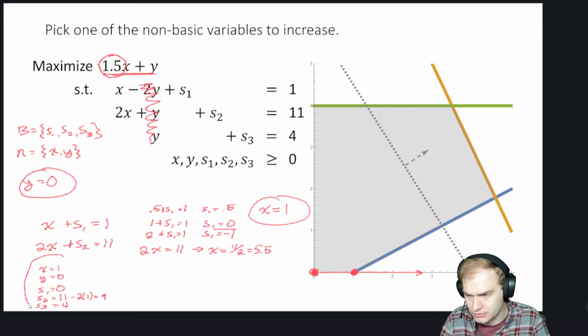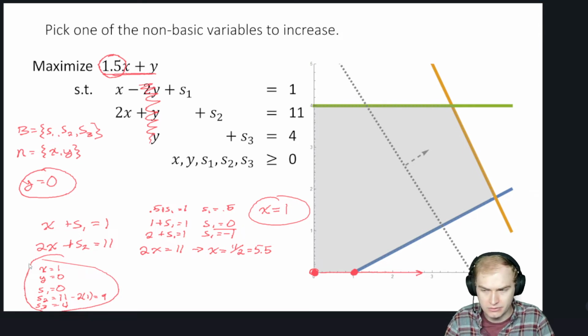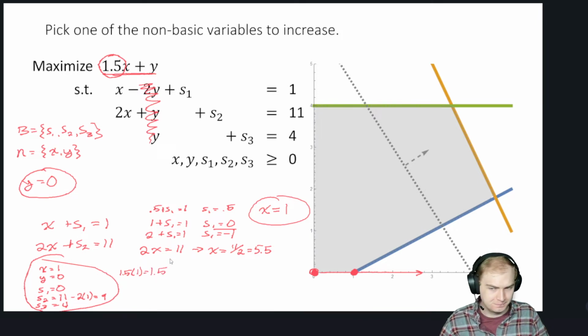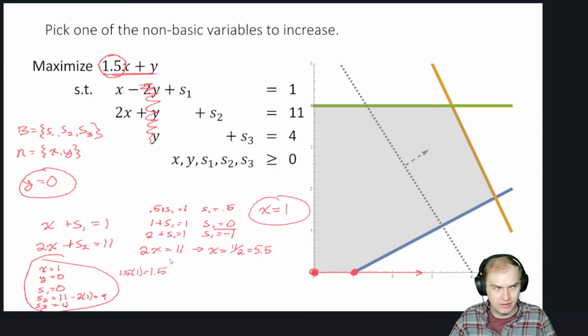And this is our new solution. And that has an objective function value of 1.5 times x, which is 1.5. So we've improved our solution. We found an extreme point that has a better objective function value, which is good. That's what we want to do.